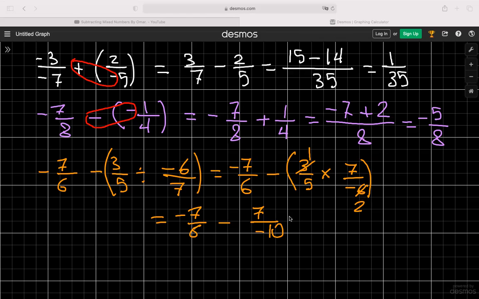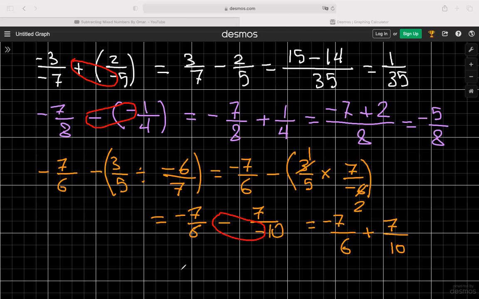That's a 6 there. Now, remember, I said when you have two signs like this besides one another, you have to change them into one sign. And in this case here, it will be -7 over 6, negative and negative will be positive 7 over 10.